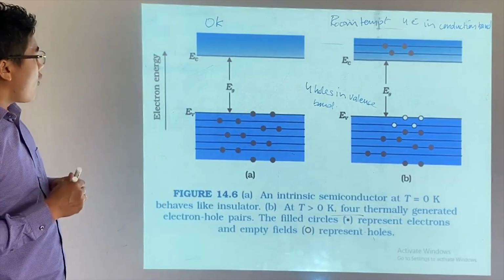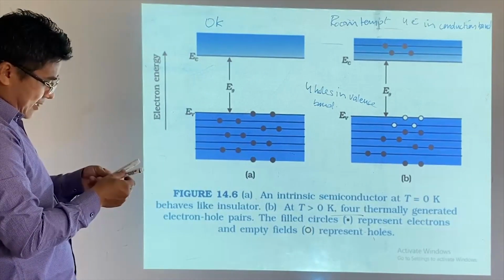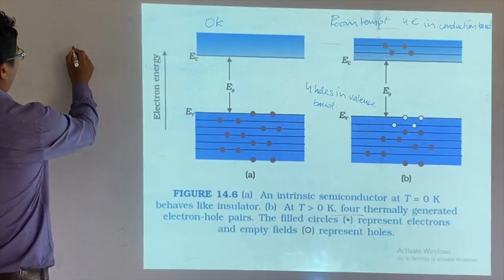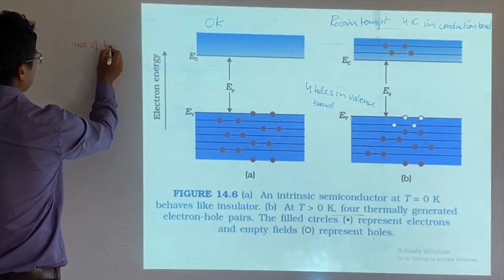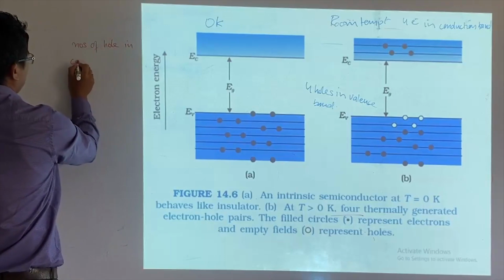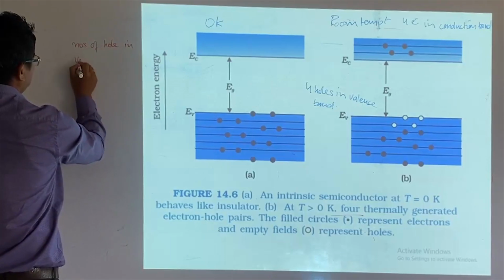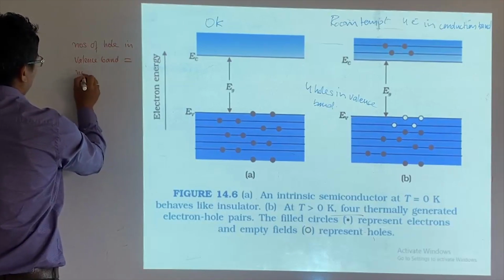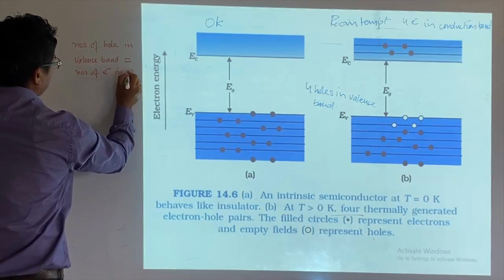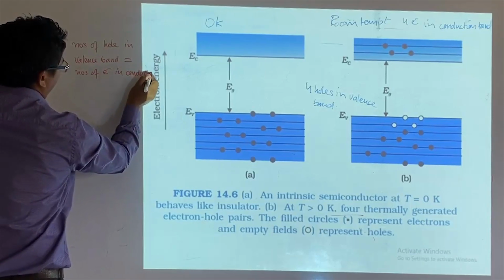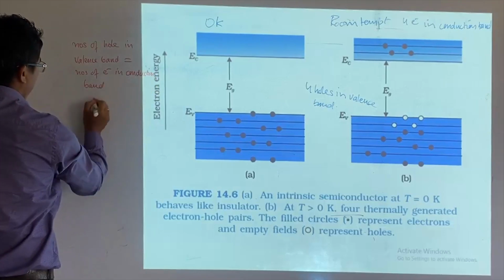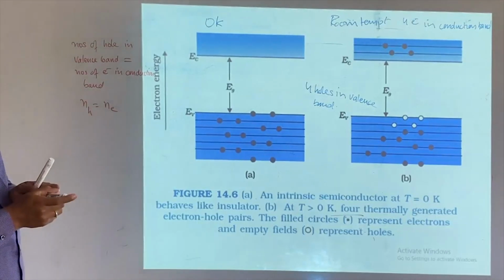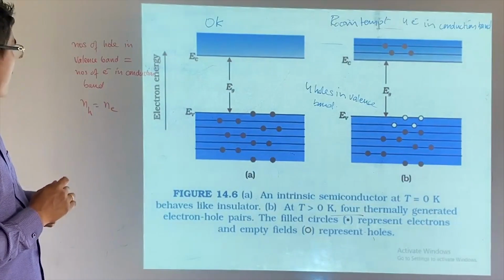So in the case of intrinsic semiconductors, the number of holes in the valence band is equal to the number of electrons in the conduction band, and h is equal to e. This is the case for a pure semiconductor.